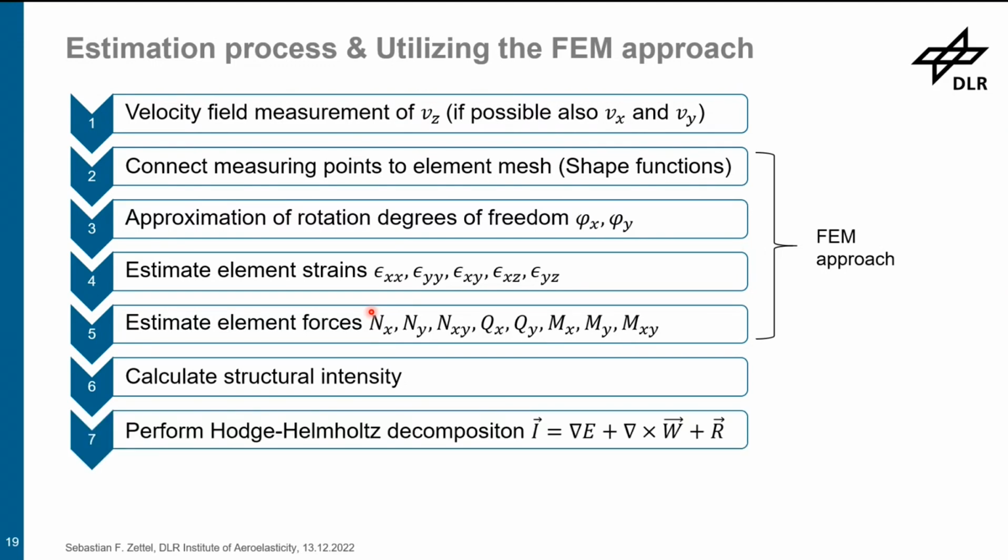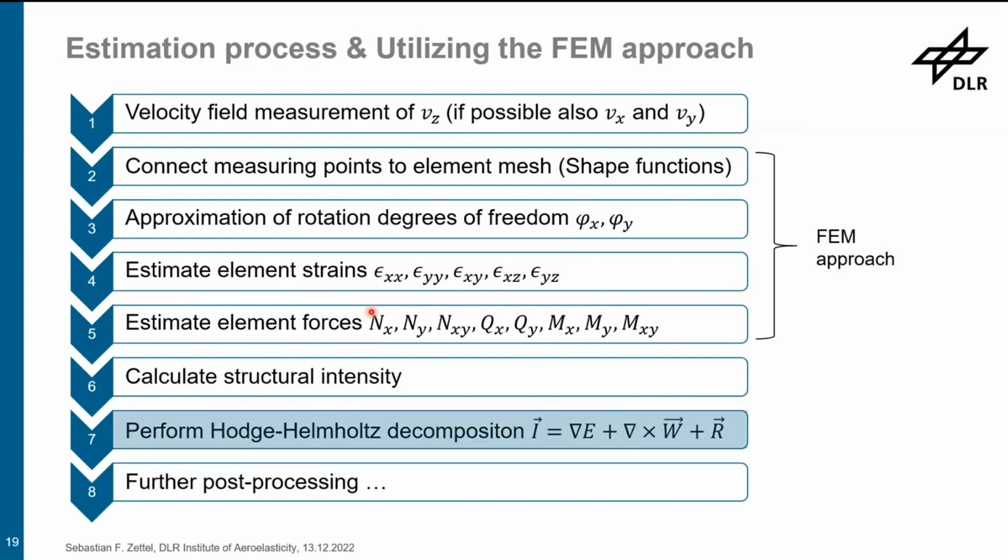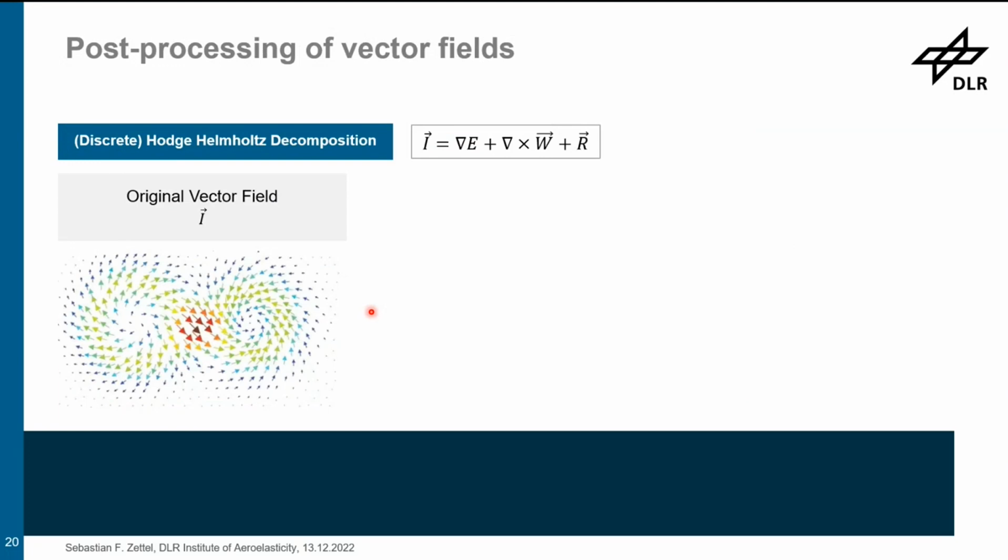This is why there are also some post-processing techniques, and one of the most important is the so-called Hodge-Helmholtz decomposition, which is a mathematical construct that allows decomposing a vector field into 3 distinct vector fields, which help to identify certain features of a vector field. While there are other post-processing steps, the Hodge-Helmholtz decomposition is very important, and this is why I want to explain this one also very shortly.